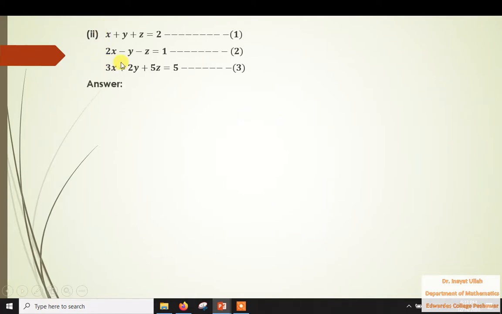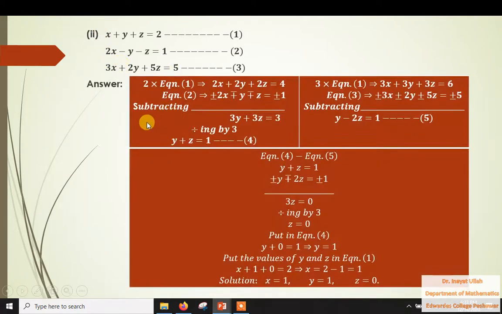So we need to multiply equation 1 by 2, so that will be 2x plus 2y plus 2z is equal to 4, and equation 2 is written as it is. So equation 2 implies 2x minus y minus z is equal to 1.